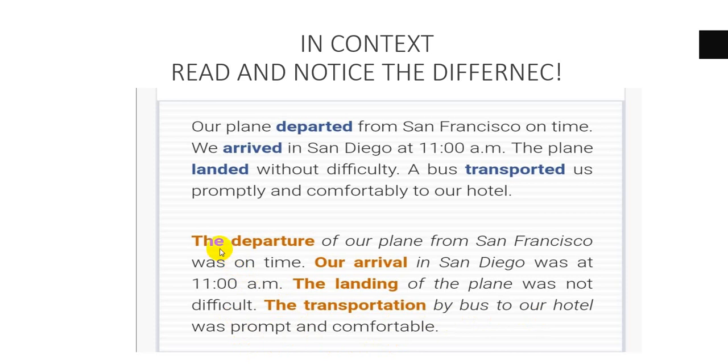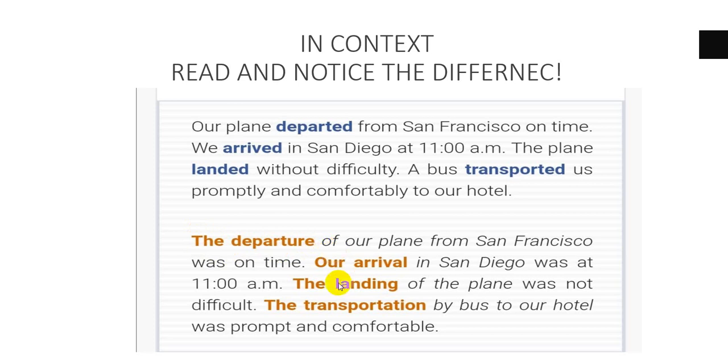Here we go. So the changes here: the departure of, our arrival in. So where is the verb here? Here it is, was, okay? And the verb of the first sentence is also was. So the departure is a noun, and we use the noun after the article the and before a preposition.